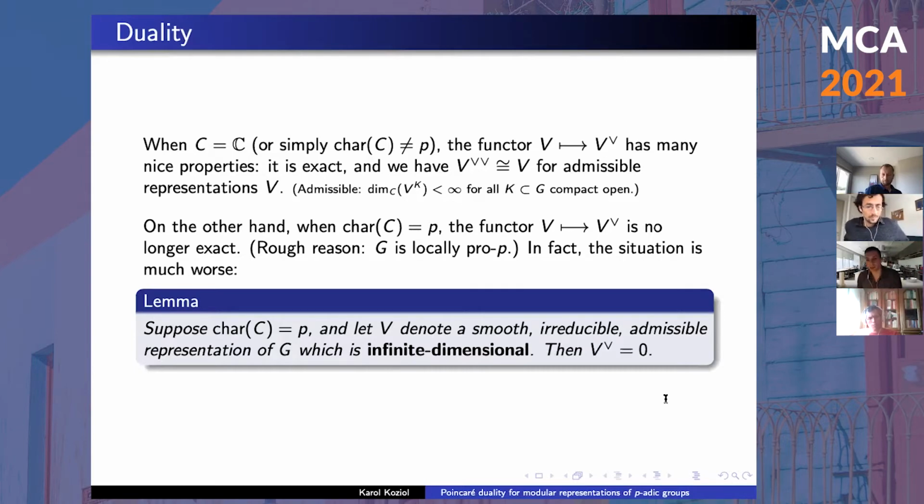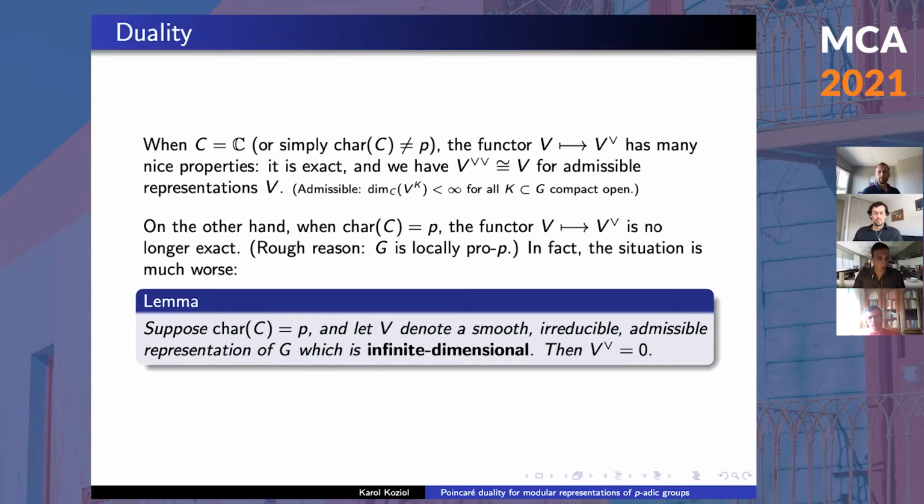Then this smooth dual is actually zero, reduces to the zero representation, which is quite different from the case of complex coefficients. This lemma is almost folklore. I've seen it attributed to many different people, but one place you can find it in print is in an article of Kohlhaase. Okay, so this is a bit striking.